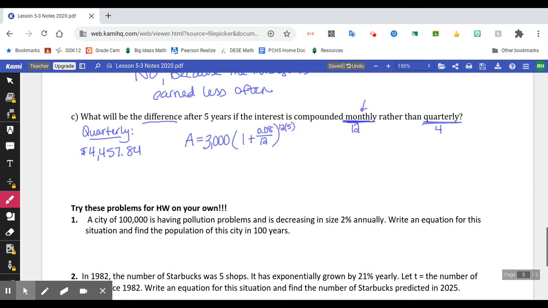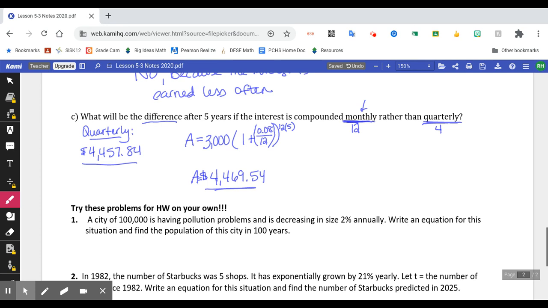If you just type that in from left to right, putting this guy in parentheses, we should end up with $4,469.54. So quarterly is this amount, monthly gives you this amount. If you subtract them, you should be able to tell what the actual difference is.